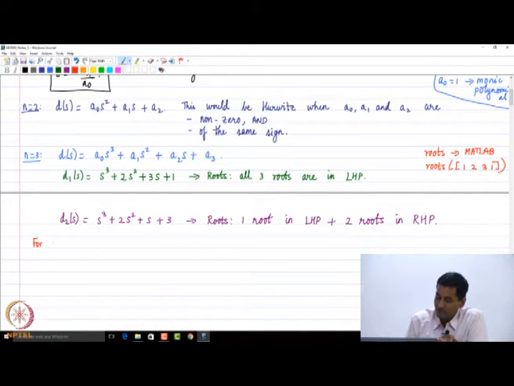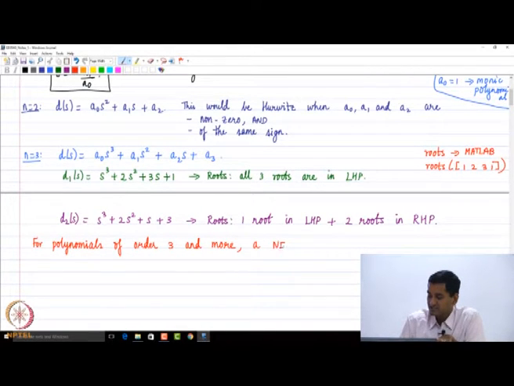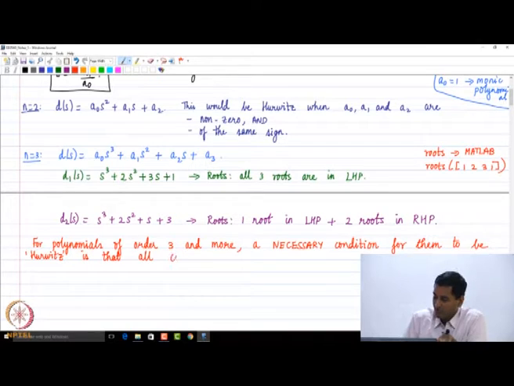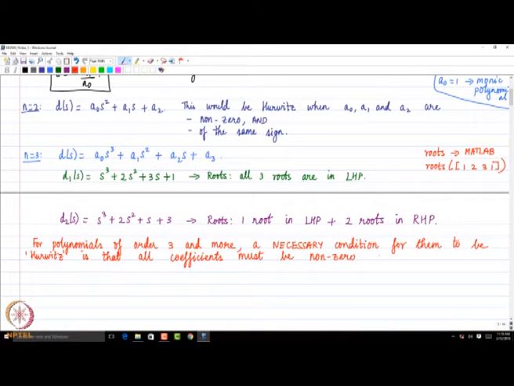So it so turns out that for polynomials of order 3 and more, a necessary condition for them to be Hurwitz is that all coefficients must be non-zero and of the same sign.